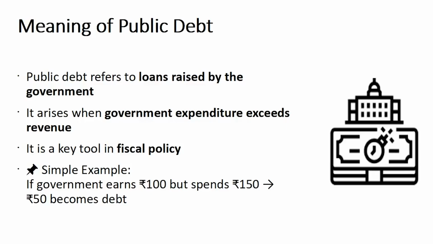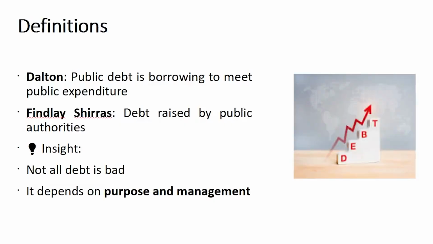So, when income is less and expenses are more, borrowing becomes necessary. In textbooks, you will see definitions by economists like Dalton and others. But let's simplify it. Instead of memorizing definitions, understand the idea. Whenever the government takes a loan to meet its expenses, that is public debt. That's all you need.